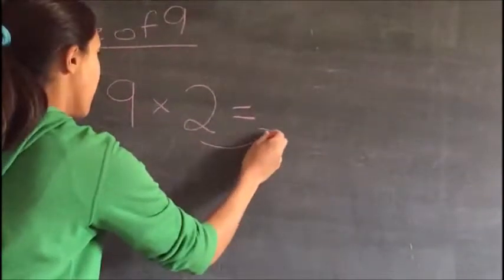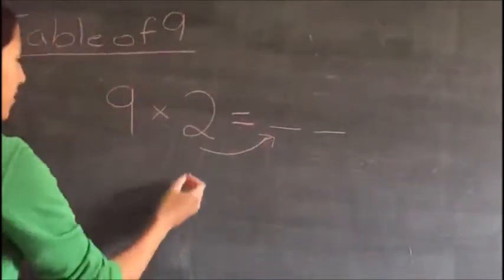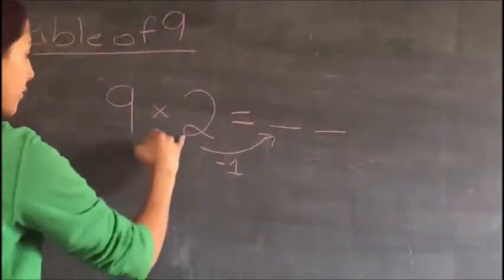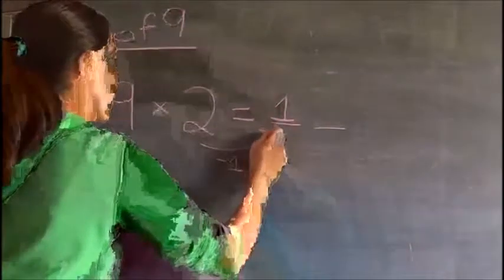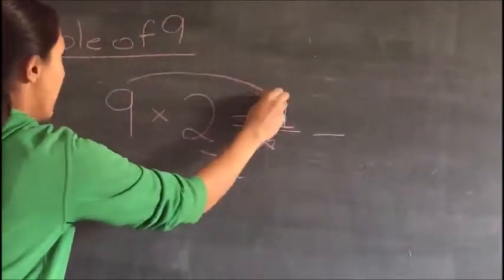First of all, to figure out the number that goes in this spot, you must go 2 minus 1. Now 2 minus 1 is equal to 1, so that goes into our 10 spot. Now what we have to do is 9 minus whatever number is here.